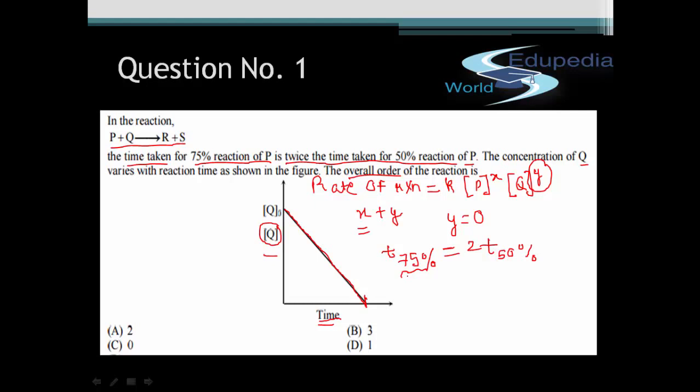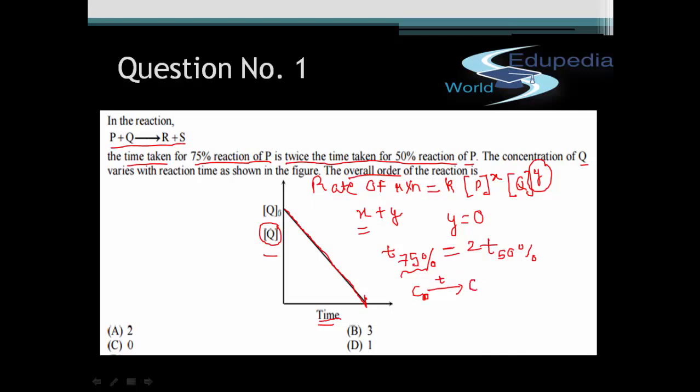75% would mean that 3/4 of P has been consumed. So if we now try to analyze this data, let us say at some initial time the concentration of P was some C0. After some time T, that is the half-life, it becomes half.